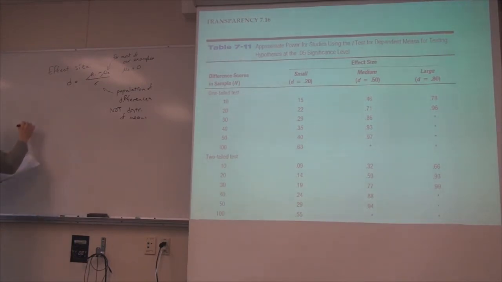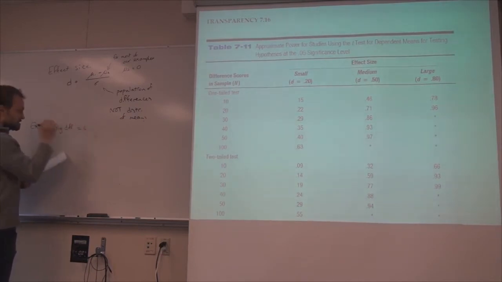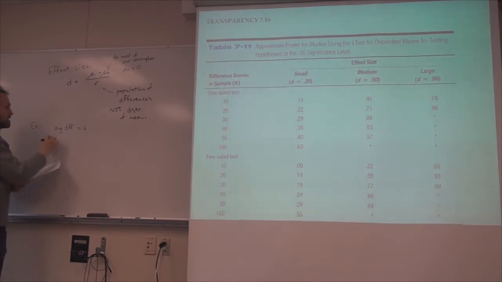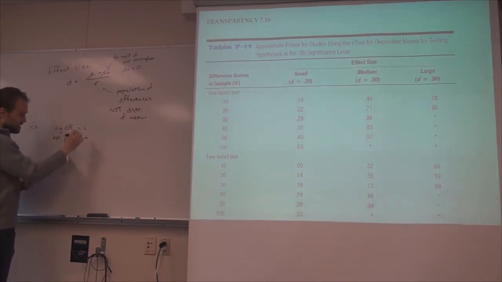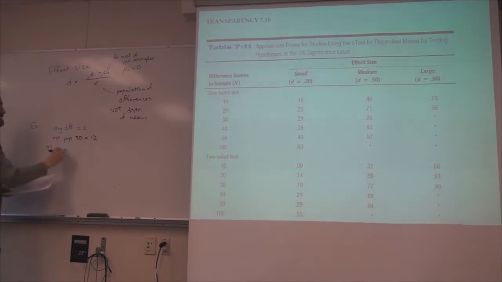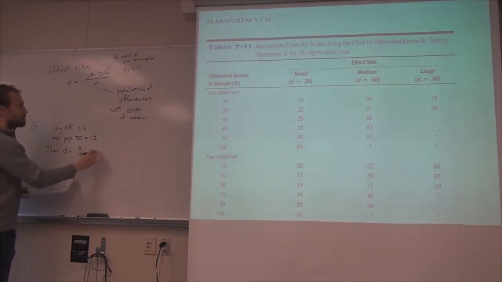So, as an example, if the average difference is 6, and the estimated population standard deviation is 12, then d is 6 over 12, or 0.5.